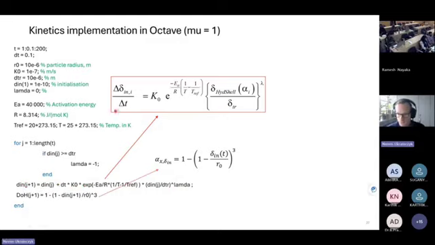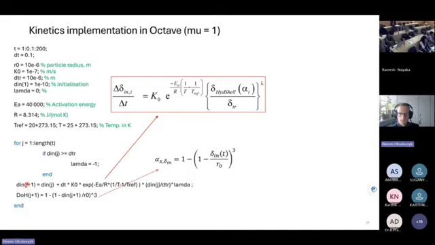You just copy this part, with the multiplications and all the parameters which you define here, the exponential, and then you can easily do the time integration.